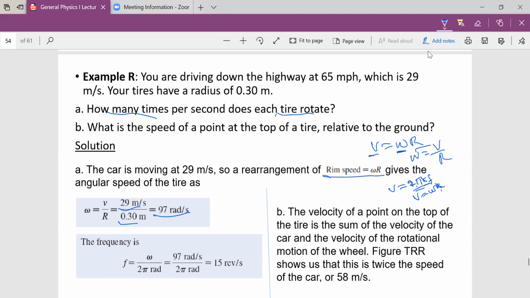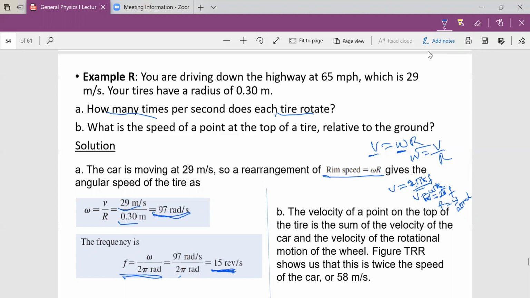So equating these two, we have omega equal to 2 pi f. Making frequency the subject of the formula, we now have omega divided by 2 pi in rad. So that's how we got this. We have found omega to be 97. 2 pi is constant. We have 15 revolutions per second. So the frequency of your tire is actually 15 revolutions per second at this speed.